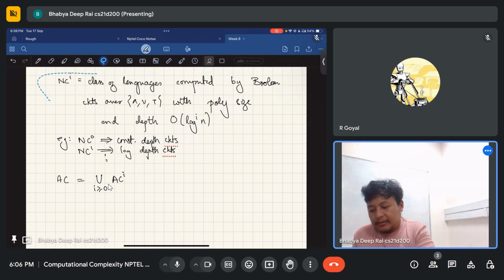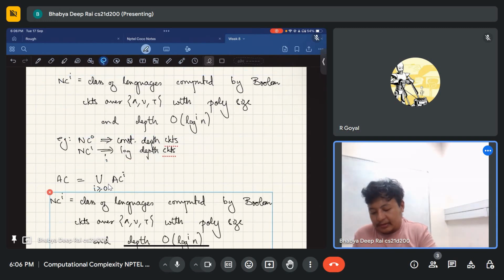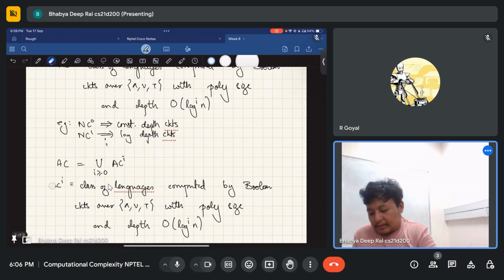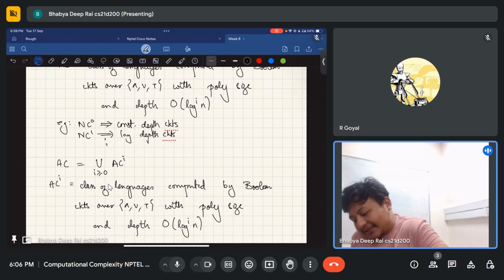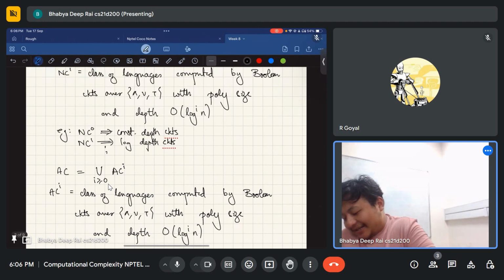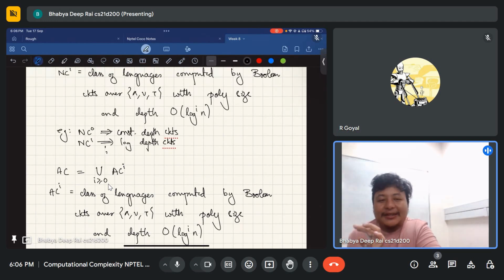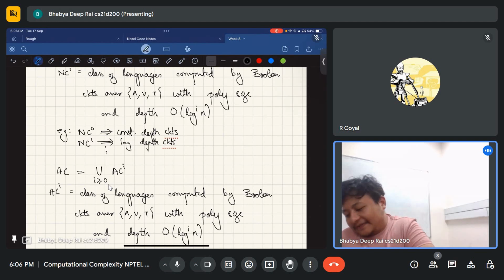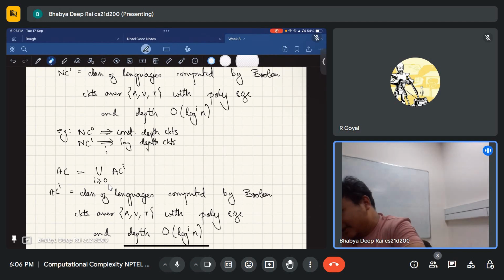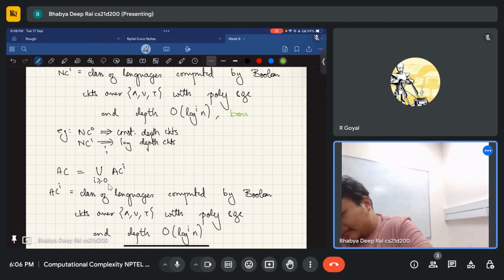ACi is a class of languages computed with Boolean circuits, again polynomial size, and depth O(log^i n). So both have the same depth. The difference is in their fan-in. What is fan-in? The number of inputs to a single gate. The fan-in here, in NC, is bounded.